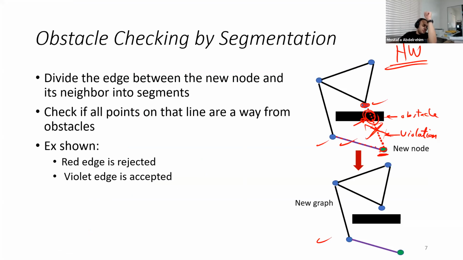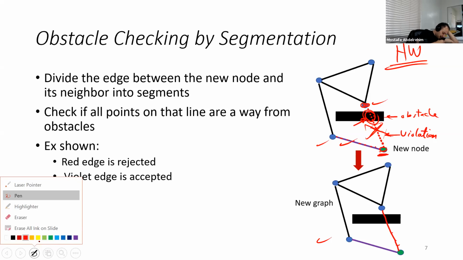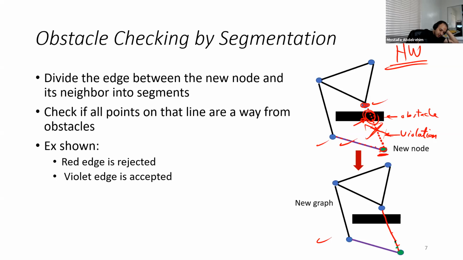So you can see the tablet now, guys, right? So basically, when you create an edge like this and divide it into smaller points, the number of points is also a parameter.